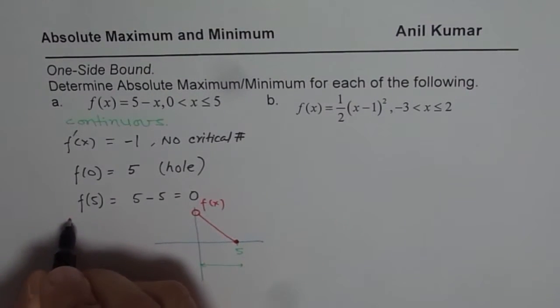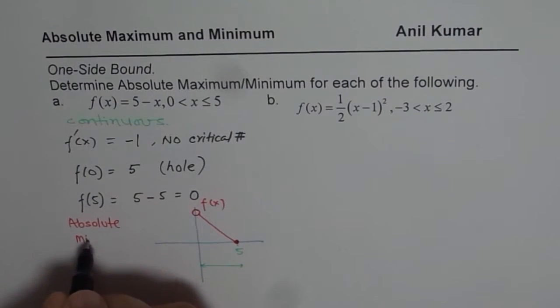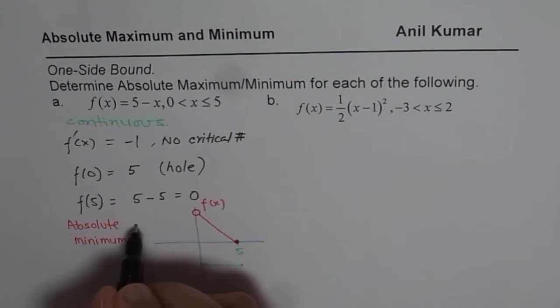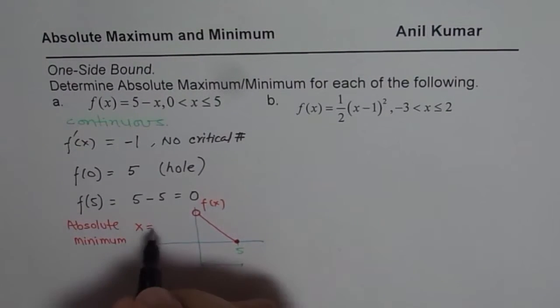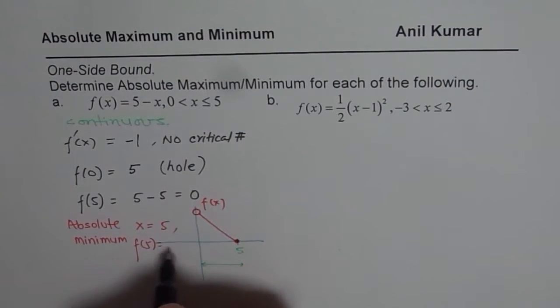So we have absolute minimum. Now that occurs at x equals 5 and the value is f of 5, which is equal to 0.